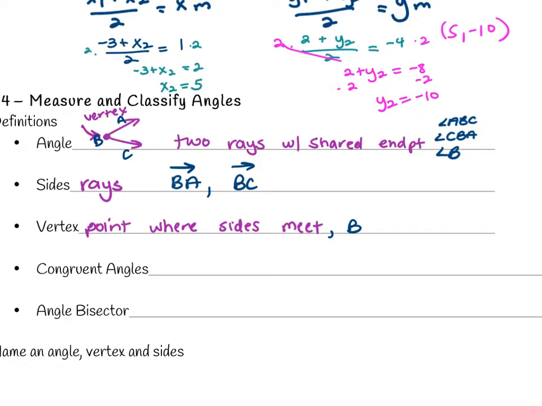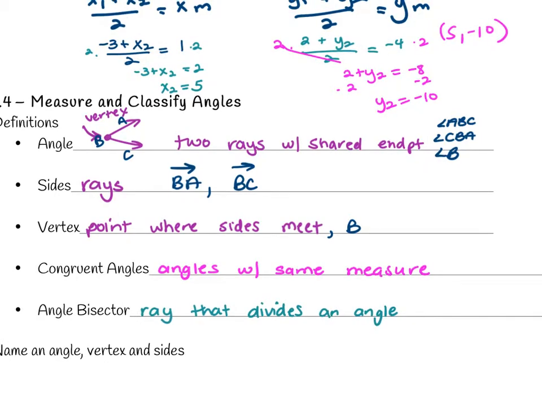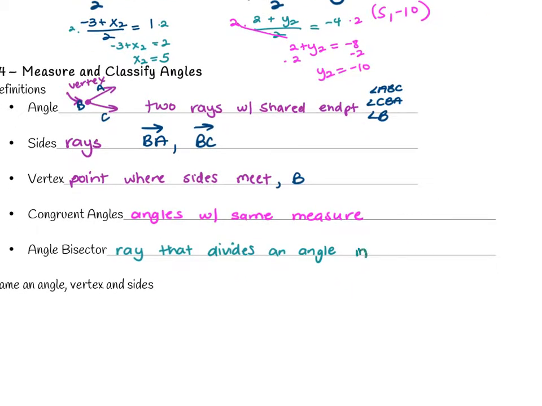Okay, congruent angles are what? Angles with the same measure. And an angle bisector is a ray that divides an angle into 2 congruent parts.